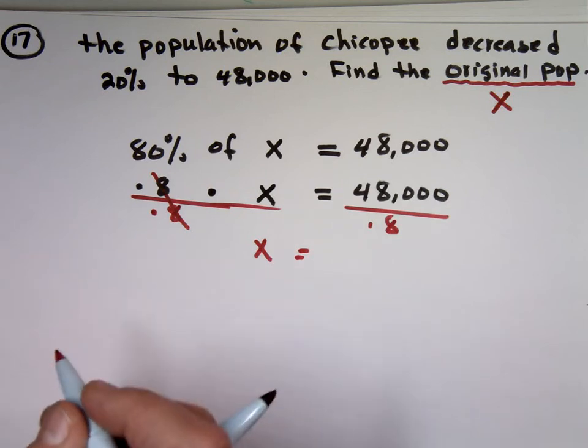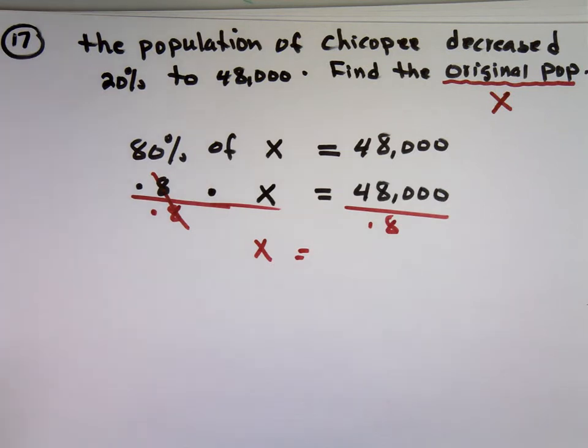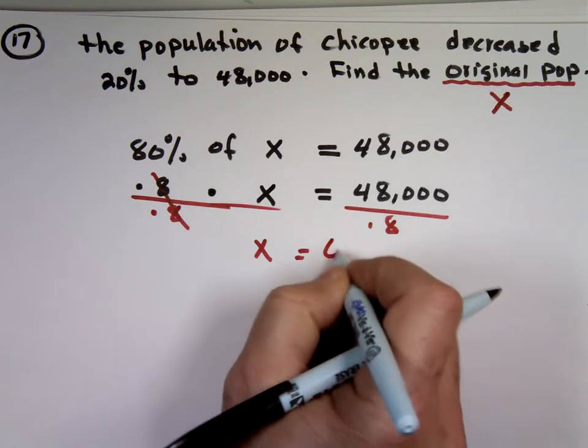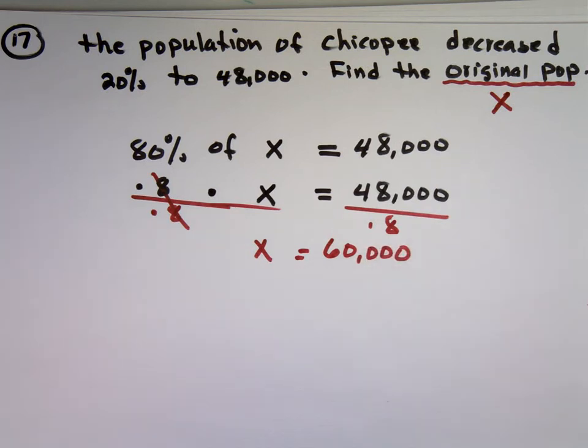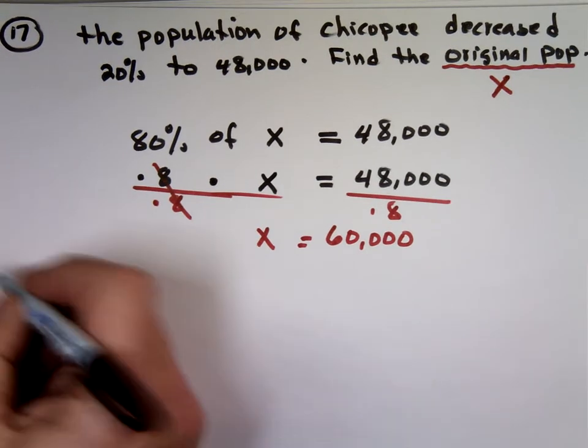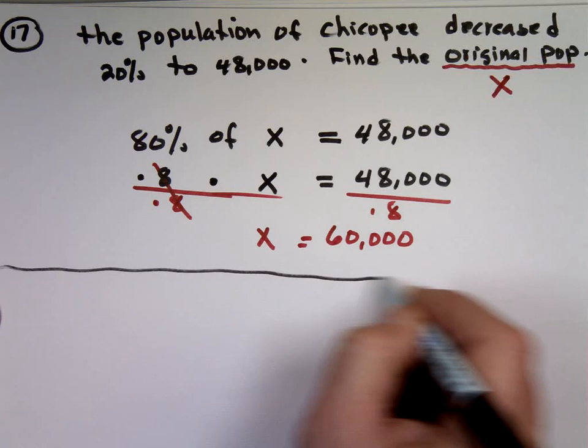Let's see what that number is. Is that 60,000? 48,000 divided by 0.8, 60,000 people. So originally we had 60,000 people living in Chicopee. Now we're down to 48,000. Is that true? No. Made up.